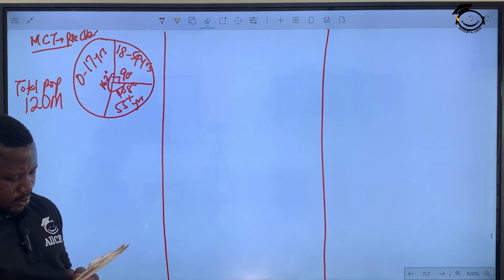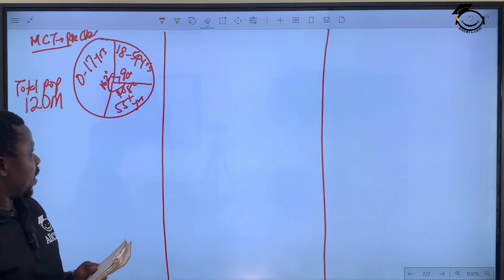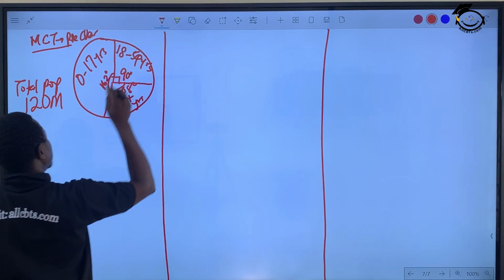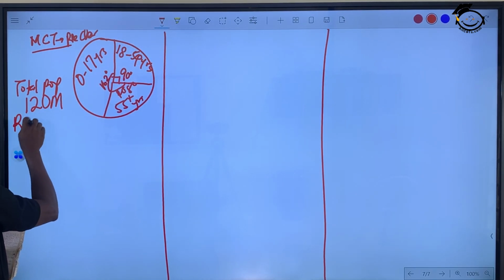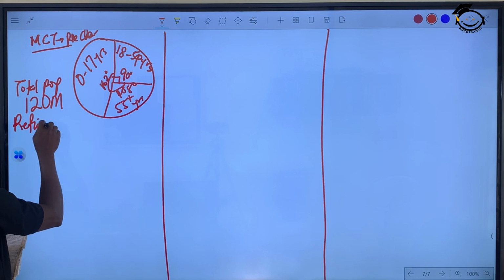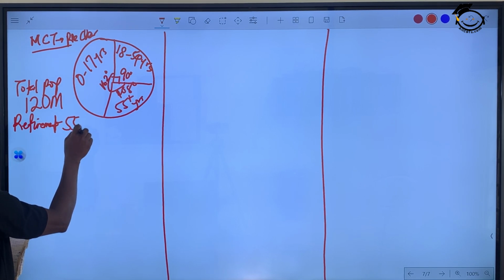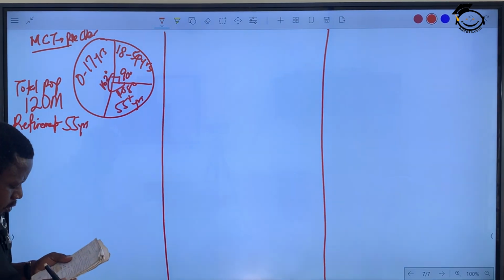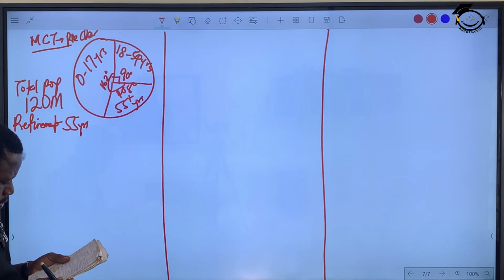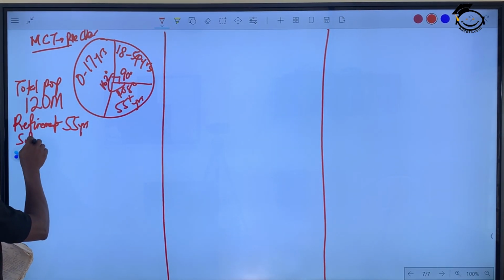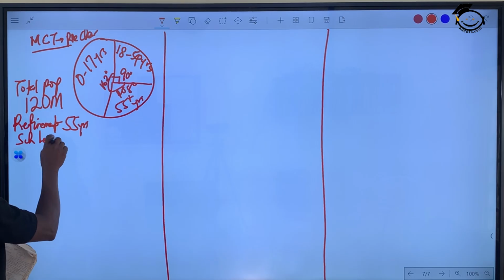The official retiring age is 55 years. So retirement, take note of this information, it is very important. Retirement age is 55 years. Okay? The official school leaving age is 18 years. School leaving age, 18 years.